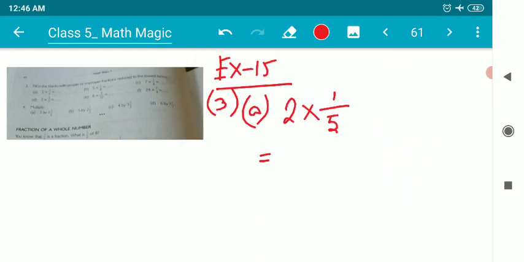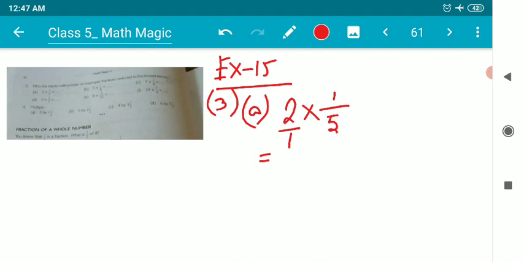We have, children, many processes to multiply. In the previous video I explained how to multiply a fraction with a whole number by repeated addition, which we have done very well. So here I'll just express 2 as 2 by 1. As we all know, the numerator gets multiplied with the numerator and the denominator gets multiplied with the denominator.